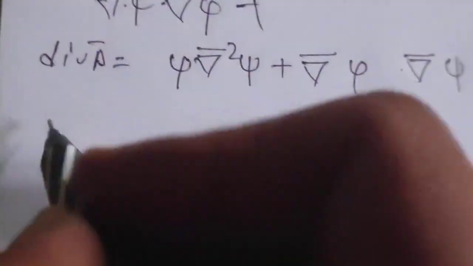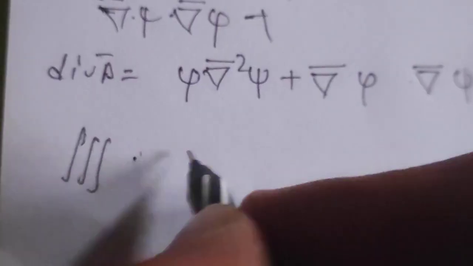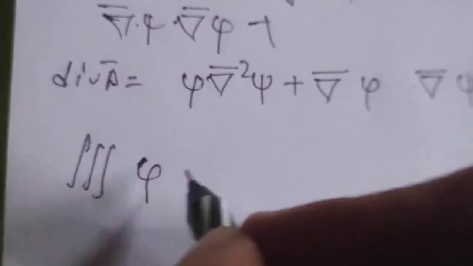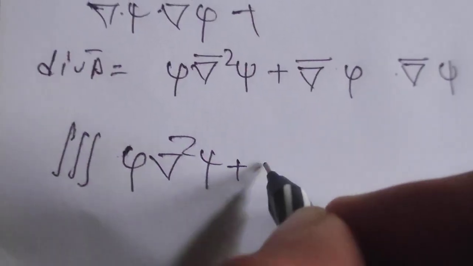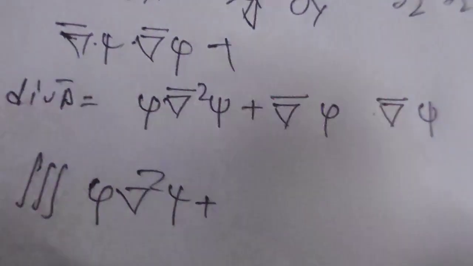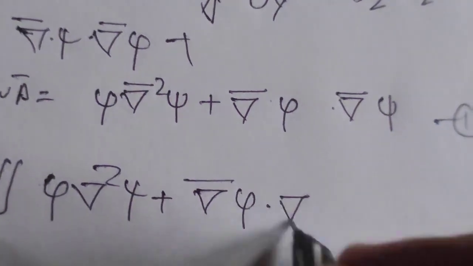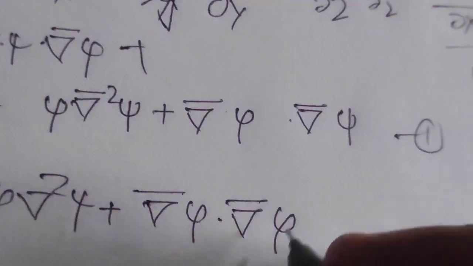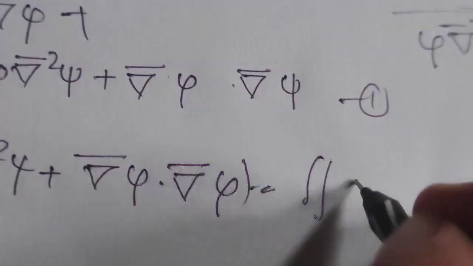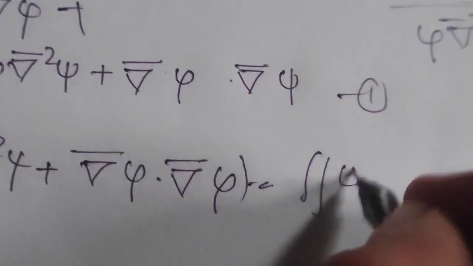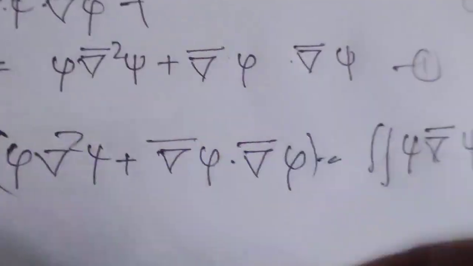Our equation 1 is the triple integration of divergence of A, which is phi square psi plus gradient phi into gradient psi, which is equal to the surface integration of A, which is phi gradient psi ds, and here it is dv.